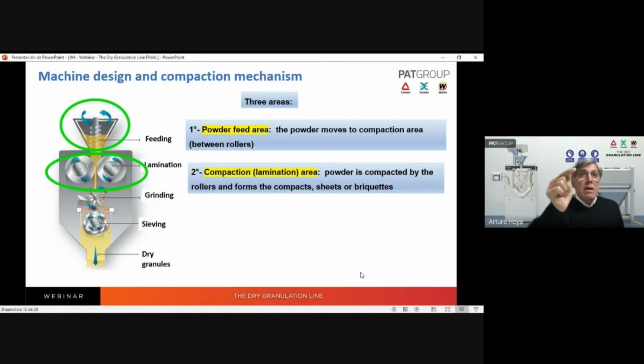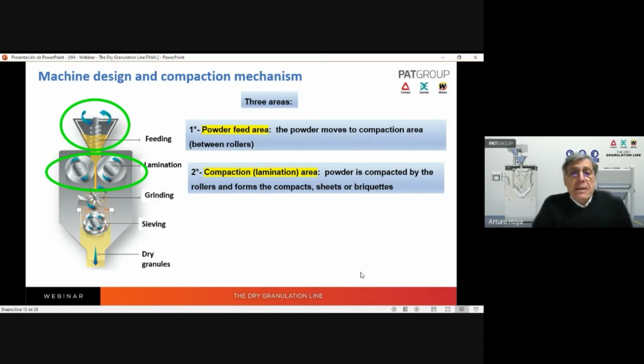With more powder feeding, the gap distance will increase and the pressure will be maintained at a constant value. This means that the deformation produced at constant pressure will be the same, independent of the feeding of powder.